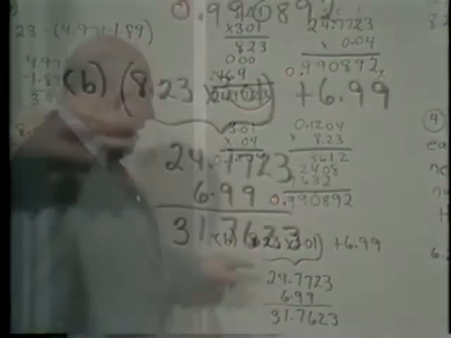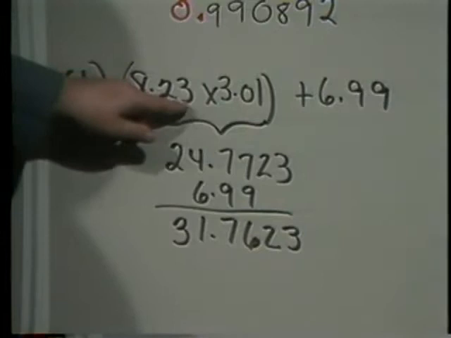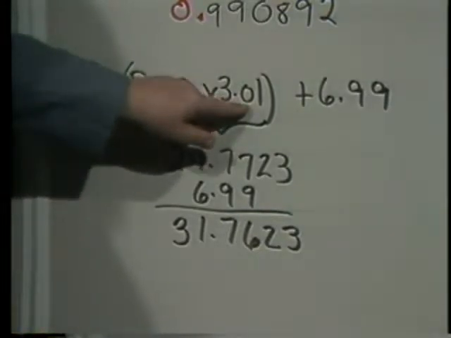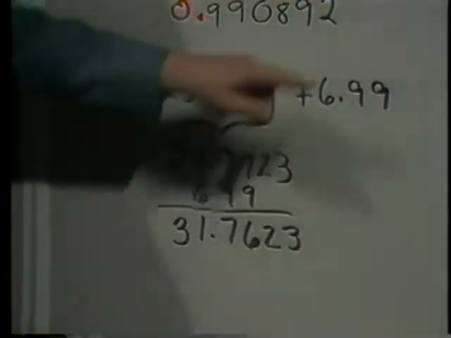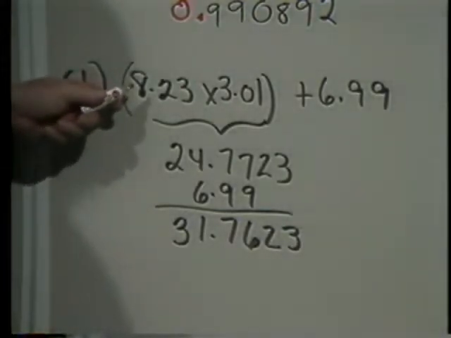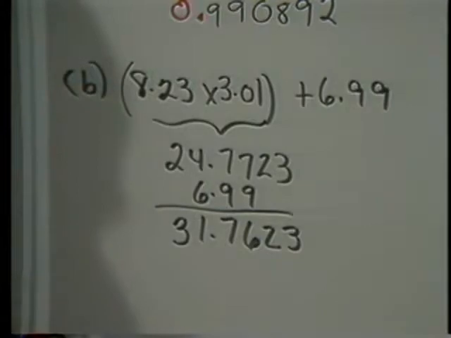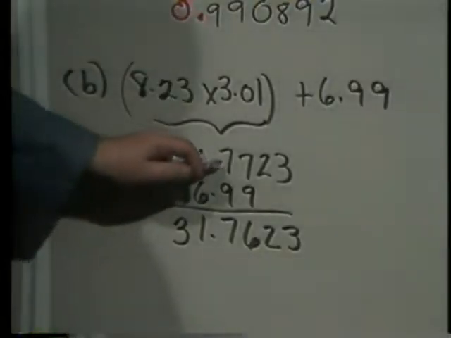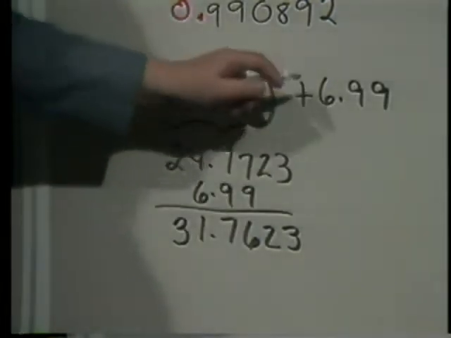Now, Part B says, multiply 8.23 times 3.01. Remember, everything in parentheses is done first. Then add on 6.99. Well, this is easy, because in doing Part A, I already multiplied 8.23 times 3.01 to get 24.7723. Now, how do you add?